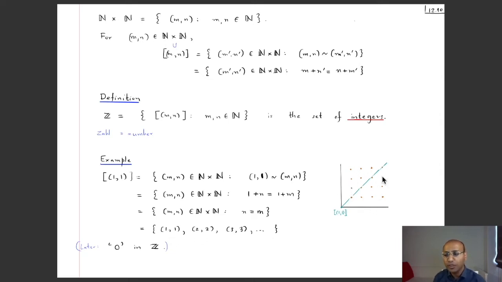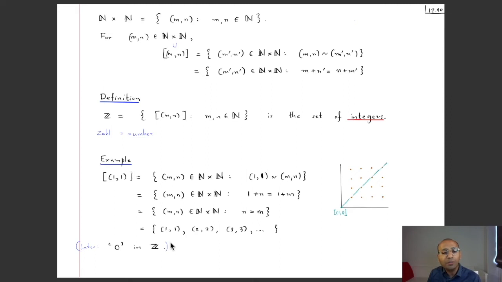So then these points are the ones along this diagonal, and all the orange points which lie along this blue line, those points are there in this set, and that represents this integer, which is the equivalence class containing the ordered pair (1, 1). And this later on we'll see is the zero element in the set of integers, the zero element with respect to addition, once we define addition.